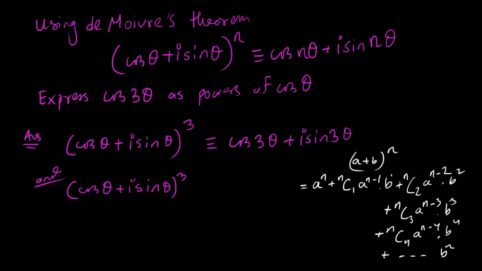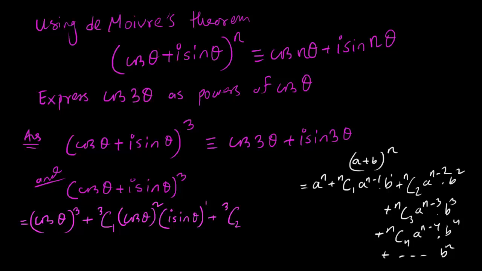So if we break this down, a is cos theta. So cos theta whole to the power 3 plus 3C1 cos theta to the power 3 minus 1, which is 2, and i sine theta to the power 1, plus 3C2 cos theta to the power 1 and i sine theta to the power 2, plus the final term would be i sine theta to the power 3.